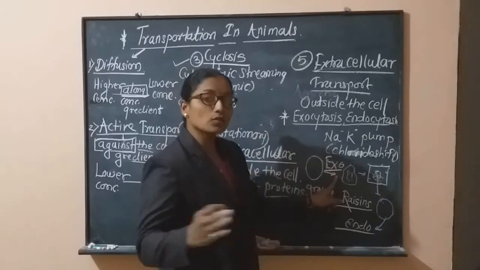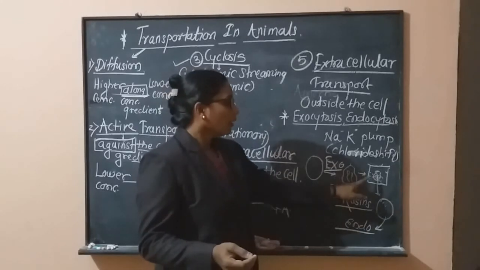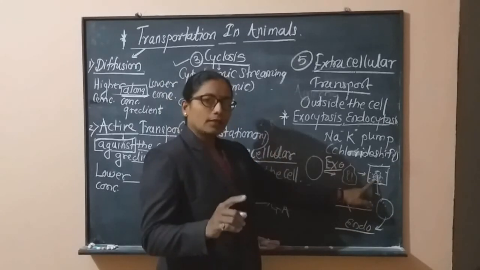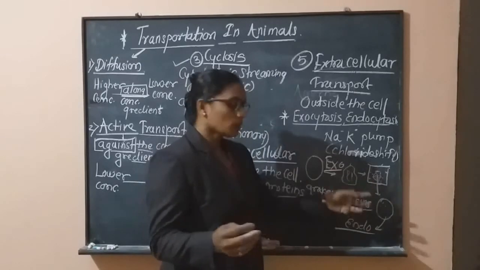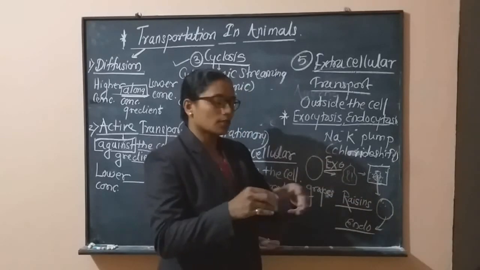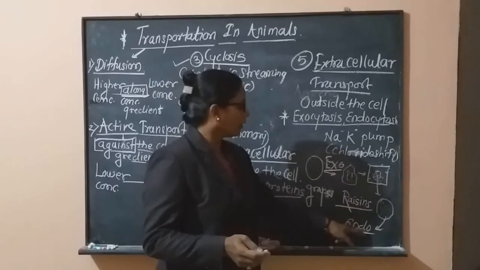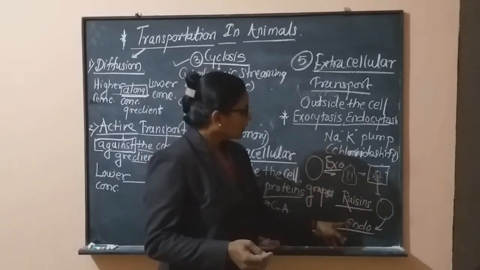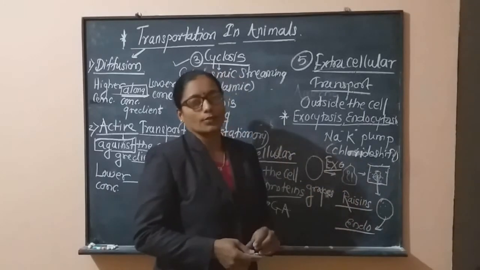Exocytosis: water goes outside the grape. And when we place the dry raisin in a beaker of water, the water goes inside the raisin and it becomes swollen again. This process is called endocytosis.